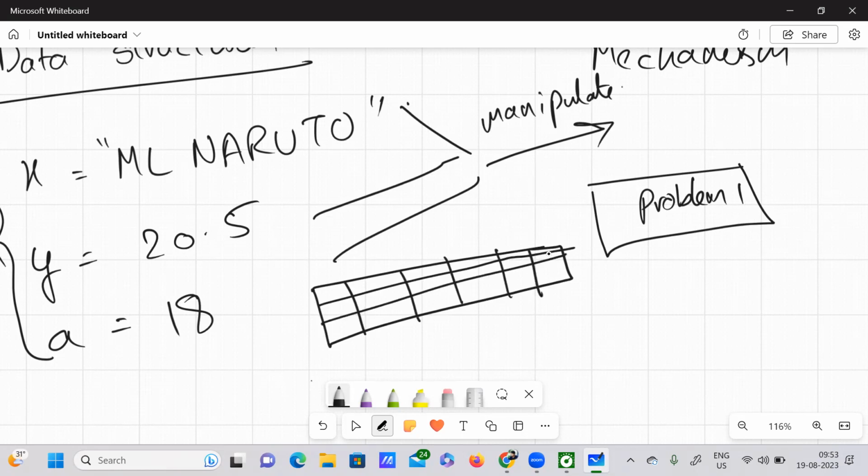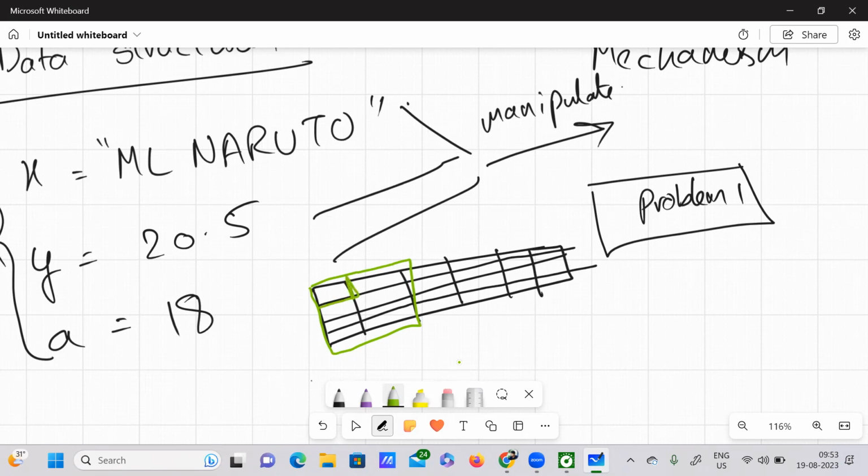If you want to solve this particular problem, then what do you need to do? You don't need this entire data. Maybe you only require this particular data, and out of this you will only be working on this amount of data.